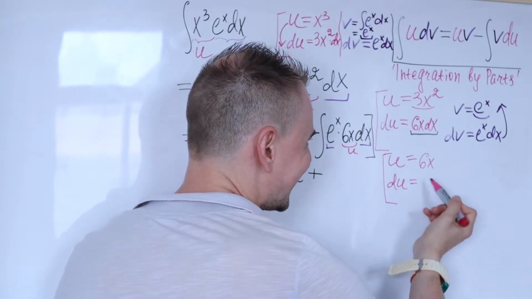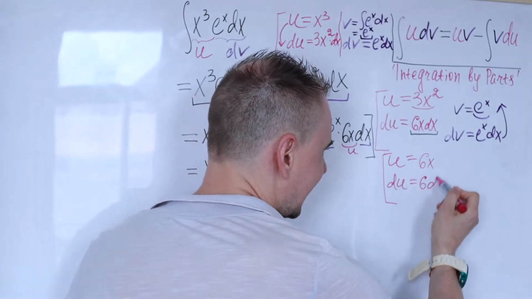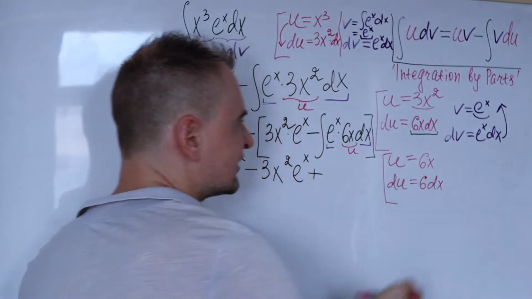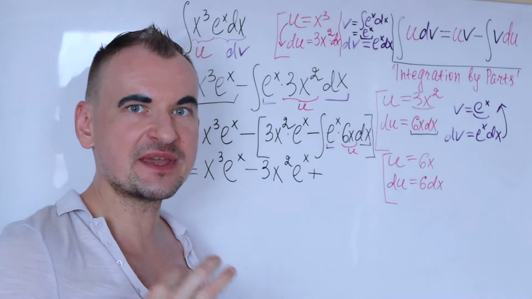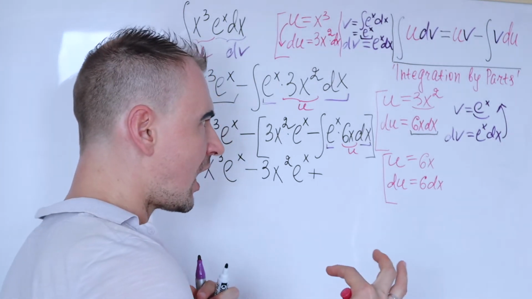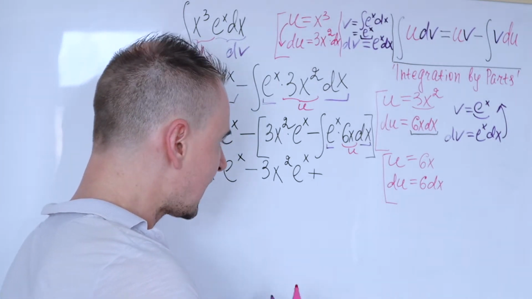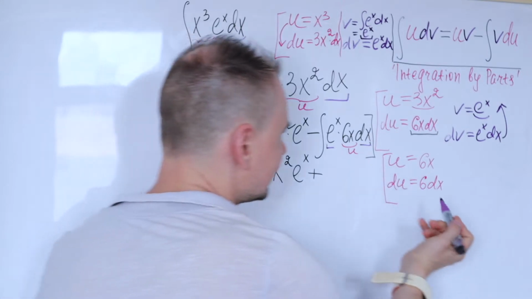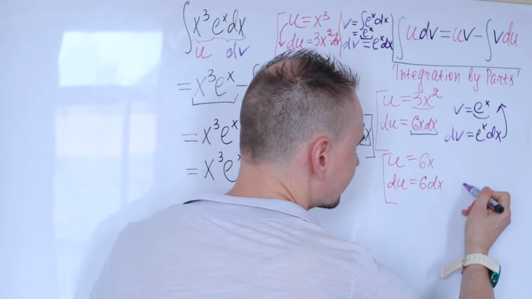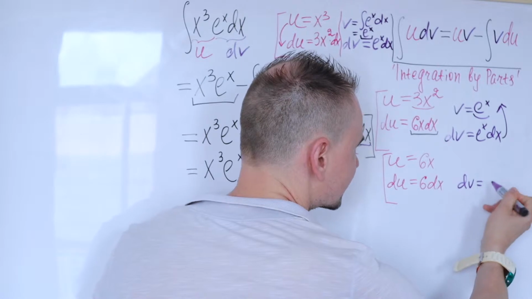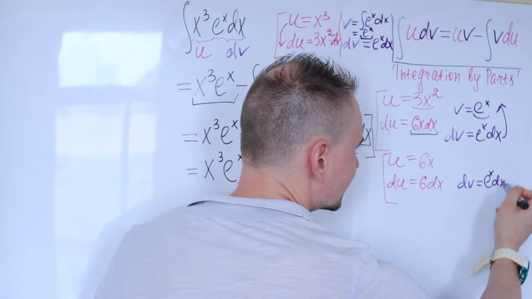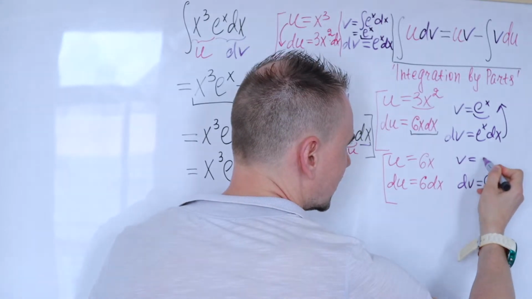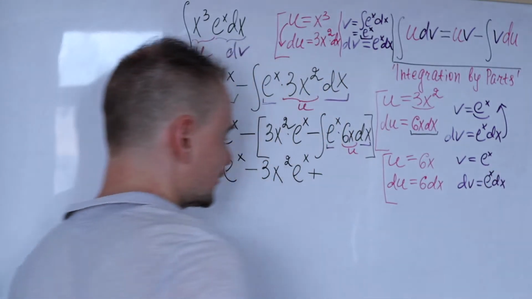It's just 6 dx, since the derivative of x is just 1, x drops out. And dv is the same story. dv is your e to the x dx, and v is just e to the x.